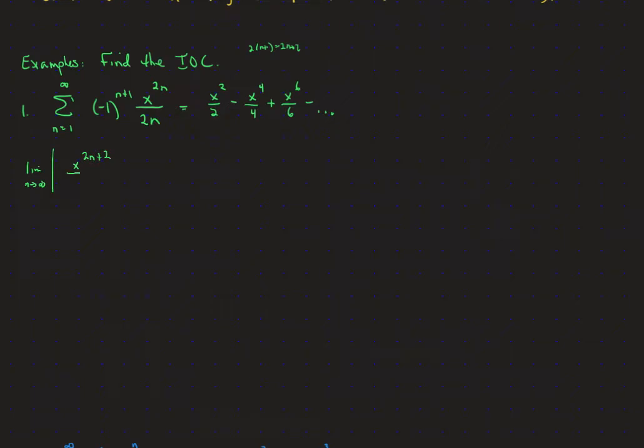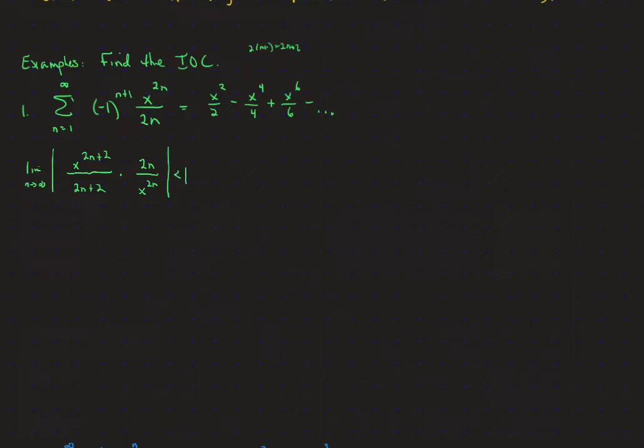So there is our power of x. And likewise, we're going to have a 2n plus 2 in the denominator. And then we're going to divide by the nth term, so we'll get a 2n and an x to the 2n, and we want that to be less than 1.